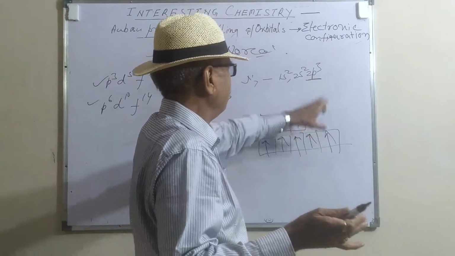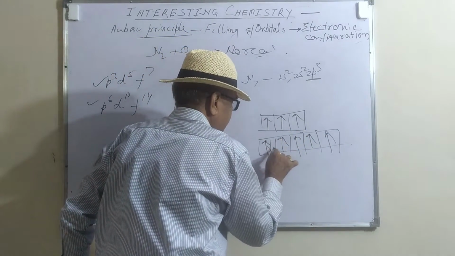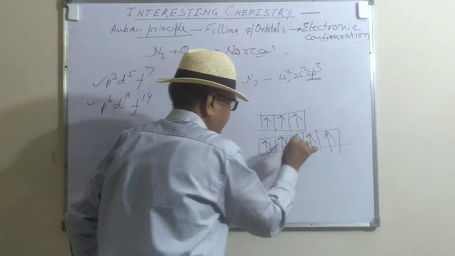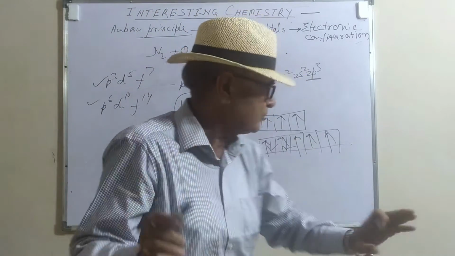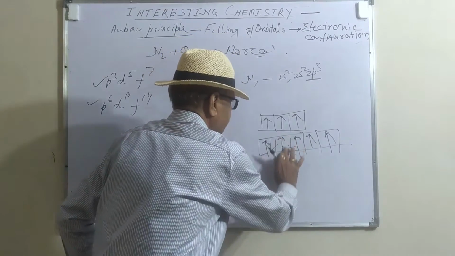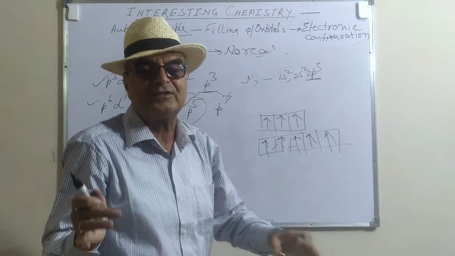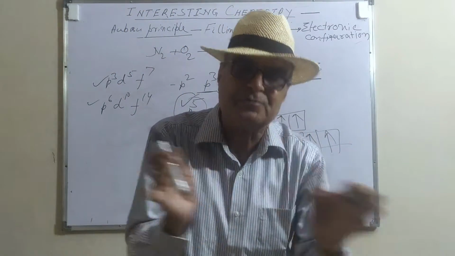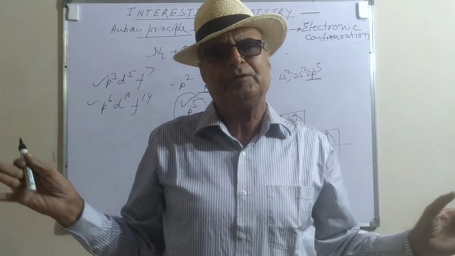If there are 4 or 6 electrons, the symmetry will be disturbed. If there are 7 electrons, the symmetry will be disturbed. This is not symmetrical. And if it has 6 electrons, that is asymmetrical, so the stability will be disturbed.